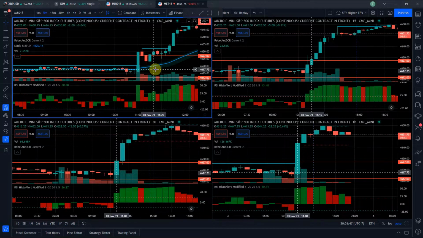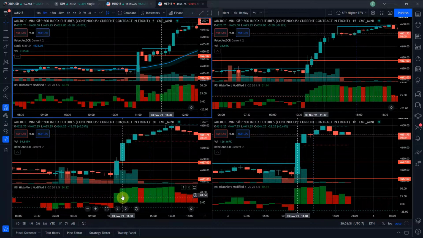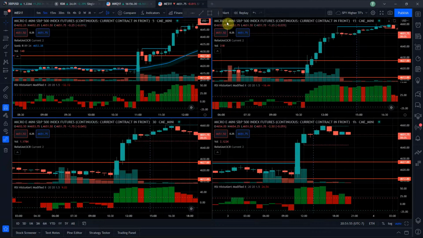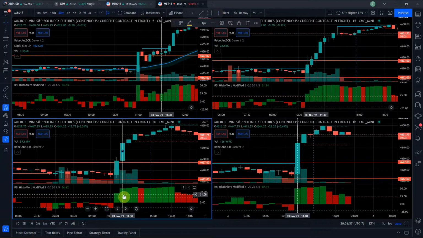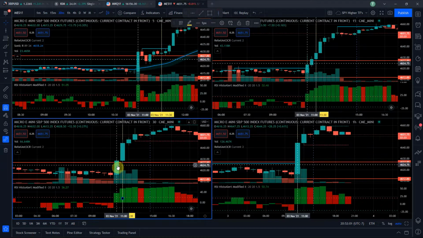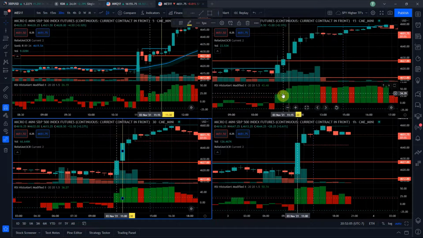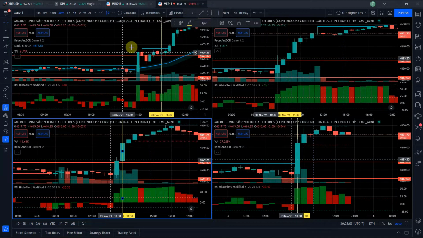So with that in mind, we look at our 30-minute, and we closed green at this point here at 11:30. So let's go ahead and mark that up. This 30-minute candle is where we closed green and opened green. 15-minute, you can see we had already closed green, so perfect.